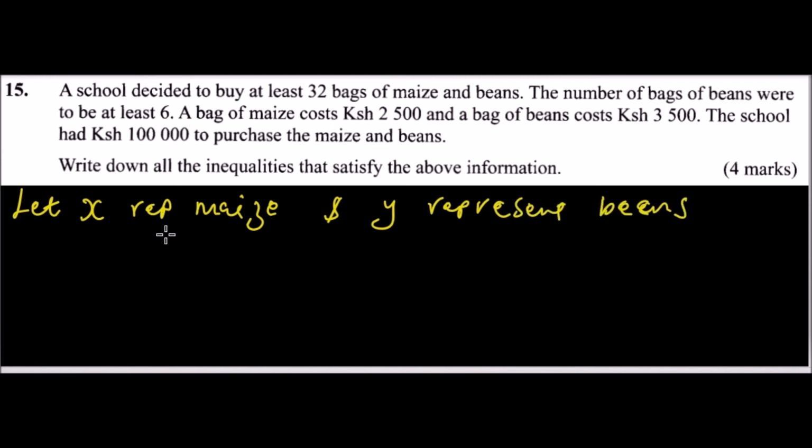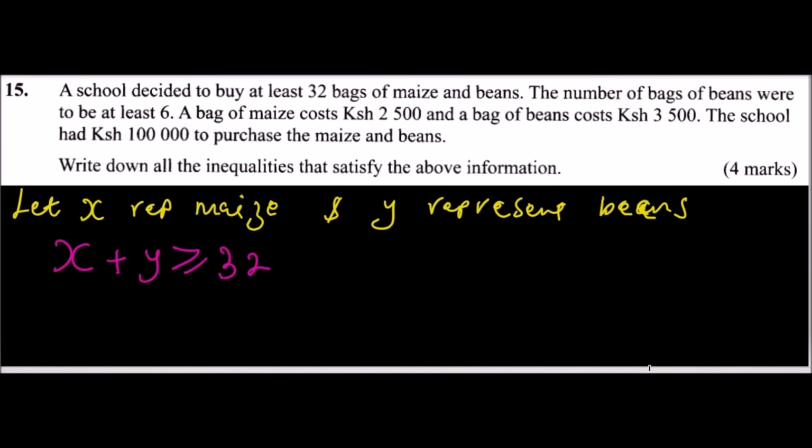So the school wanted to buy at least 32 bags. The inequality to form here is that x plus y must be greater than or equal to 32, the number of bags that they intended to buy.